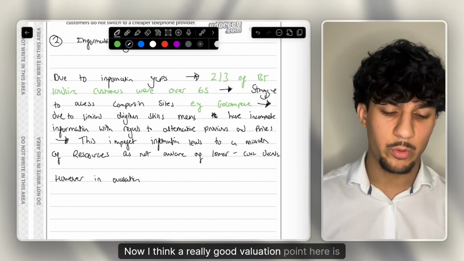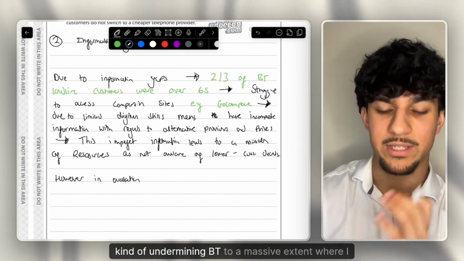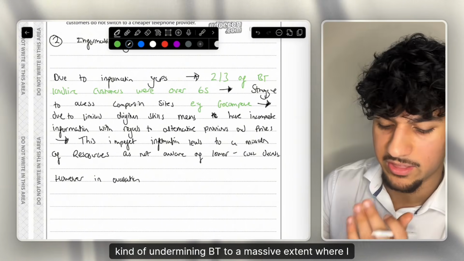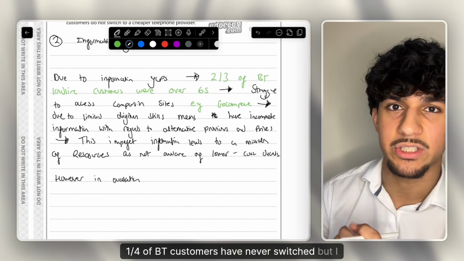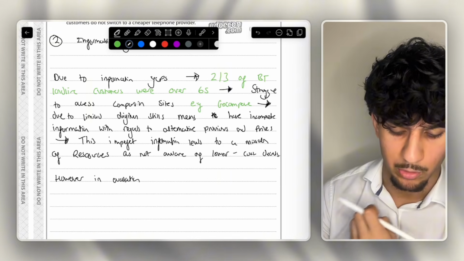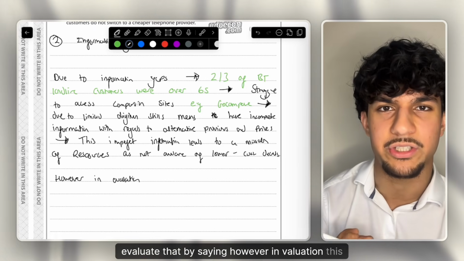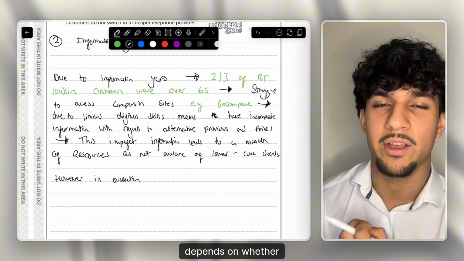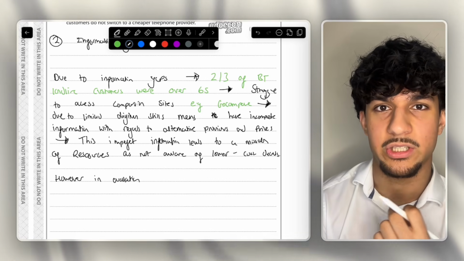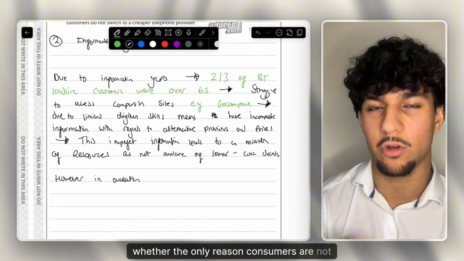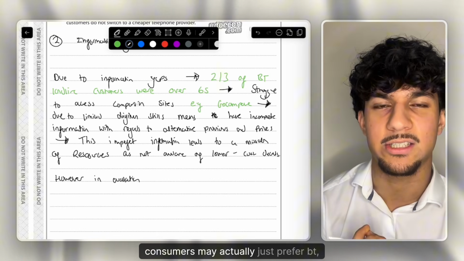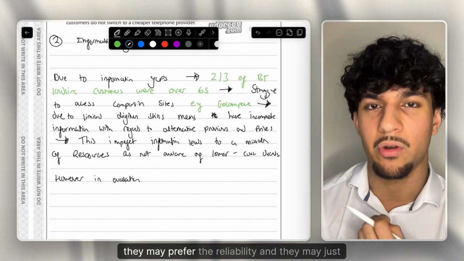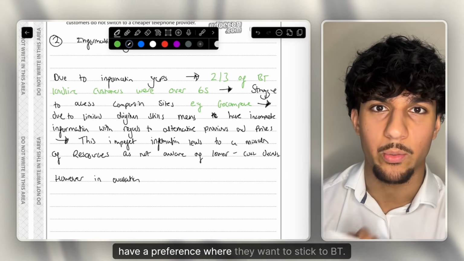Now, I think a really good evaluation point here is kind of undermining BT to a massive extent, where I think in the previous paragraph we talked about one quarter of BT customers have never switched. But I think you could really evaluate that by saying, however, in evaluation, this depends on whether there is a lack of information, whether the only reason consumers are not switching is due to the information gap, as consumers may actually just prefer BT, they may prefer the reliability, and they may just have a preference where they want to stick to BT.